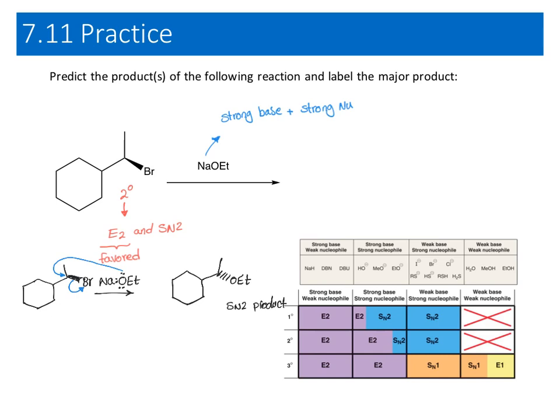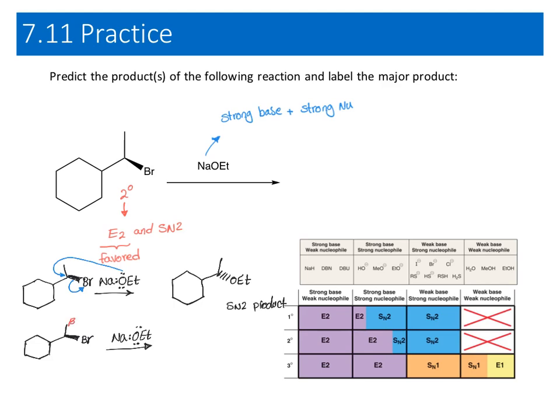Now to show the elimination product, and elimination is happening through E2 in this molecule. Therefore, first we need to figure out the beta protons and find them. So how many beta positions do we have in this molecule? 2 beta positions.